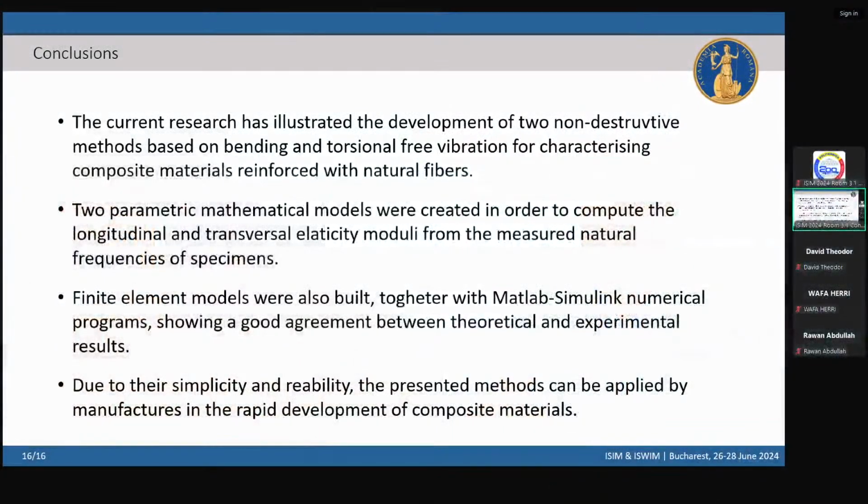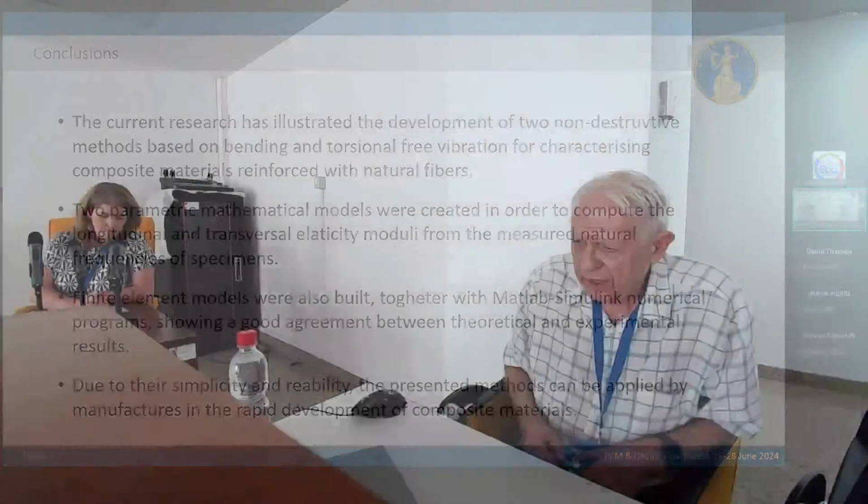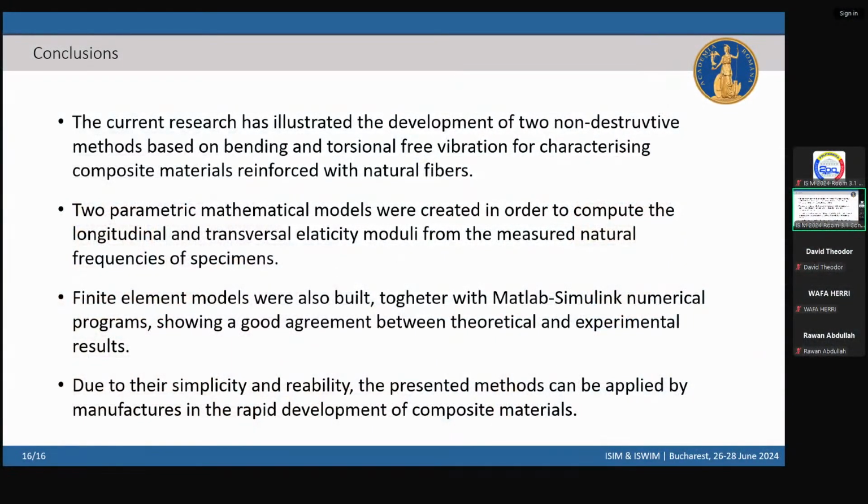Conclusions. Some future development: due to their simplicity and reliability, the presented method can be applied by manufacturers in the rapid development of composite materials.